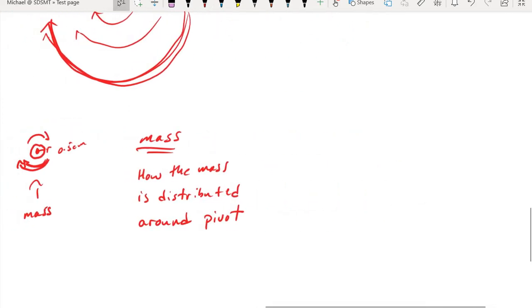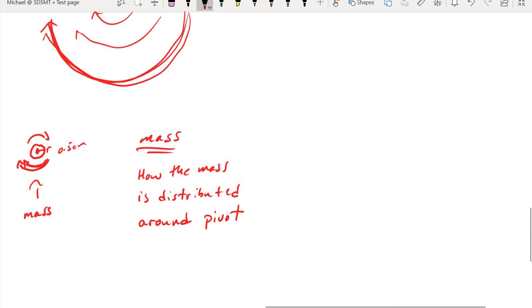And long story short, the more mass that you can keep closer to the pivot point, the easier it's going to be to move or rotate that body. And there is a way for us to take that into account mathematically.